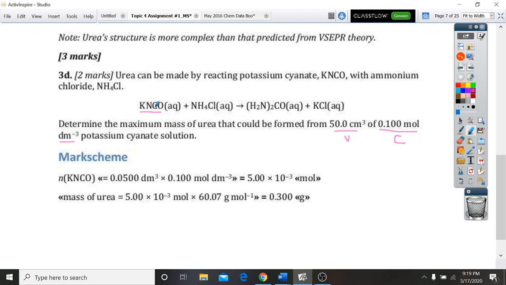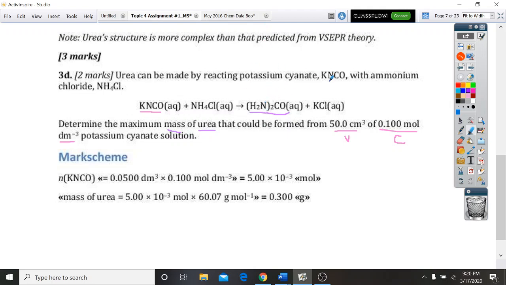So this compound, you know its volume and its concentration, and yet what they want you to solve for is not that compound. They want you to solve for the mass of urea. And urea is over here. We know that because the beginning of this question in 3A gave us the formula. So you can always go back if you don't recall what something is.